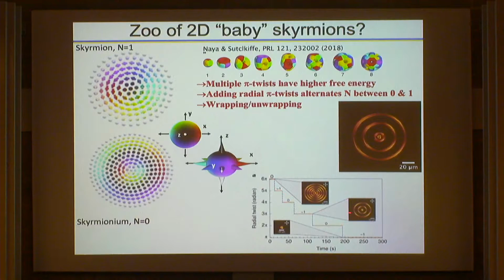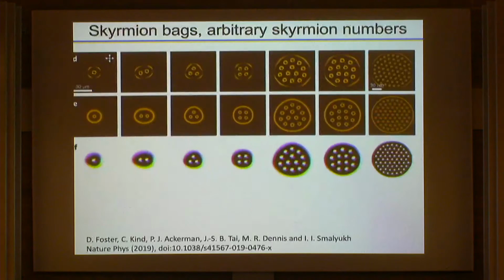As you are changing the number of twists, as in this movie, your skyrmion number is changing between elementary 1 and 0 and elementary 1. So with this, we cannot get the variety of topological degrees that we also have in high energy physics. And so the question is, how could one possibly do something like this?